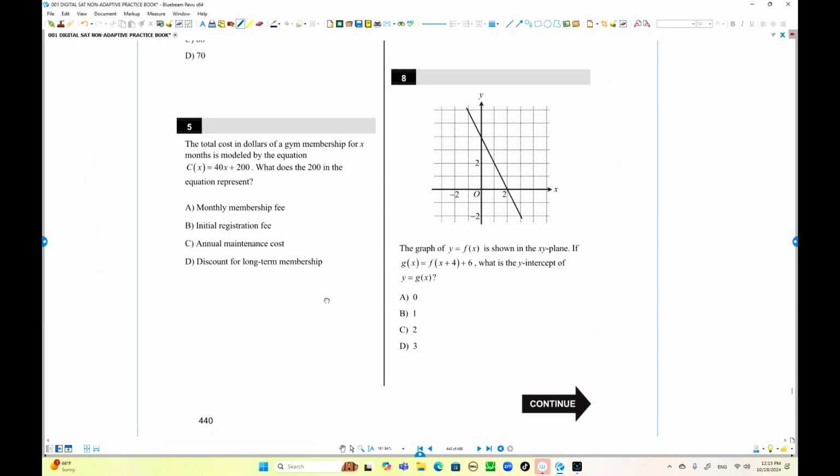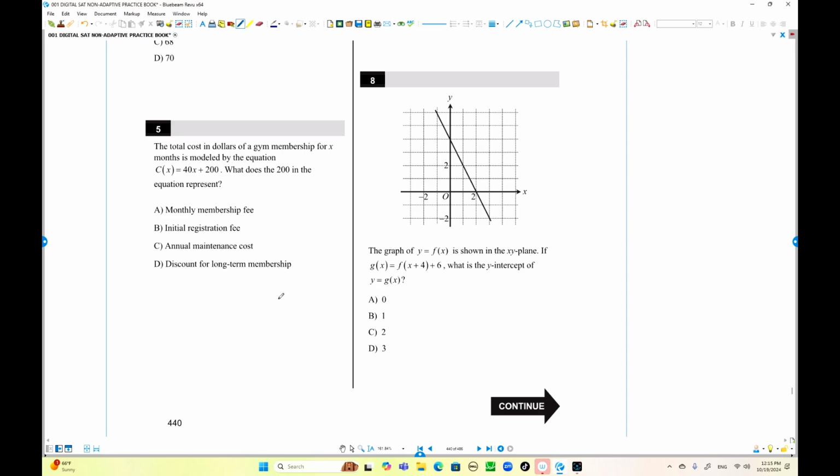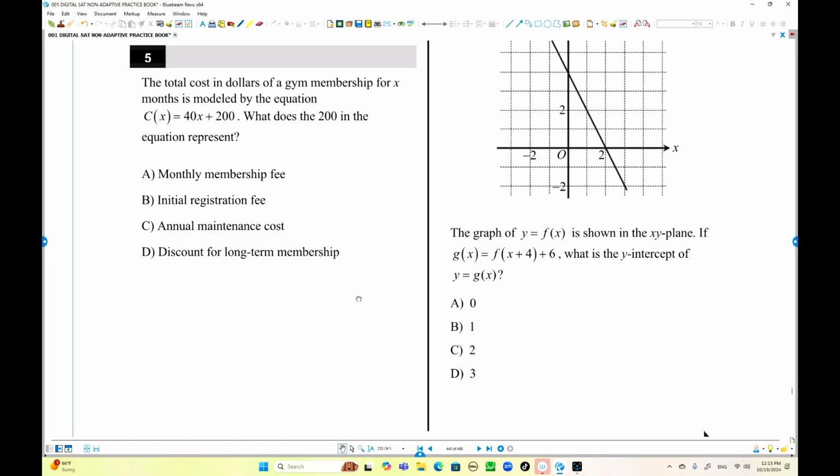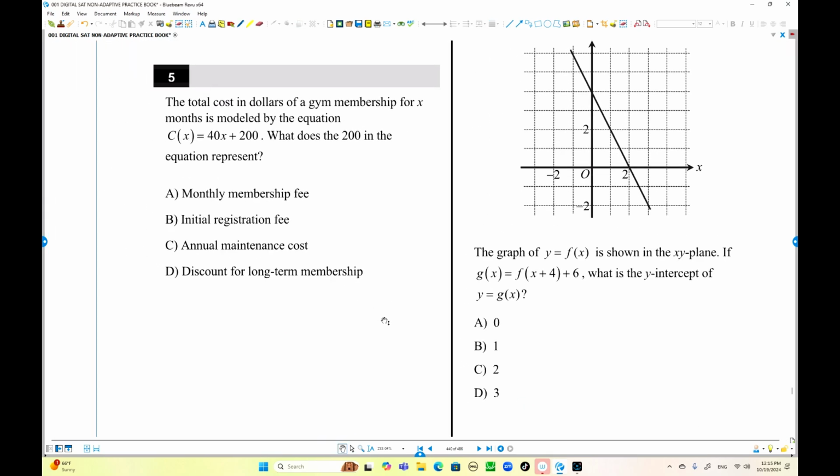Here is number 5. What does the 2000 represent? That is the y-intercept, 2000. That is the initial value, okay? Which will represent the initial value in this gym membership?